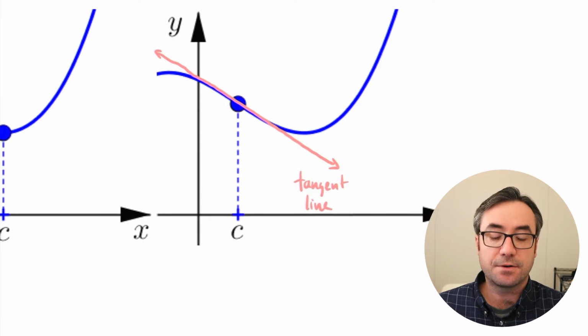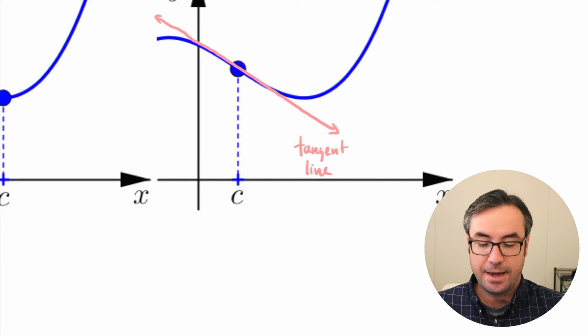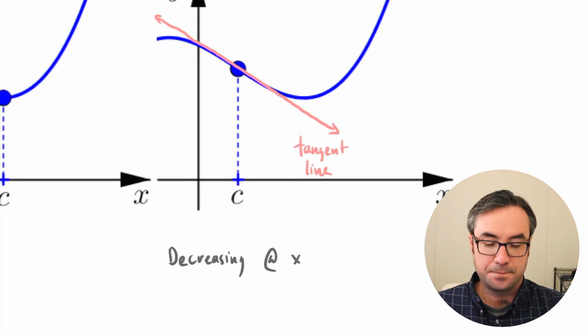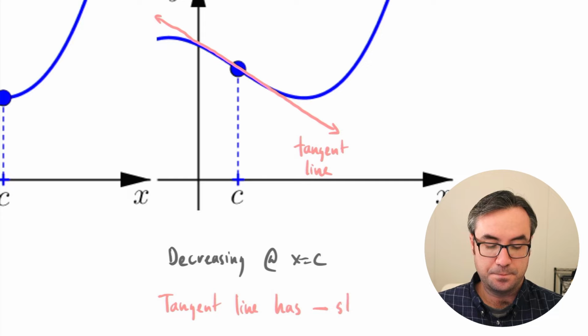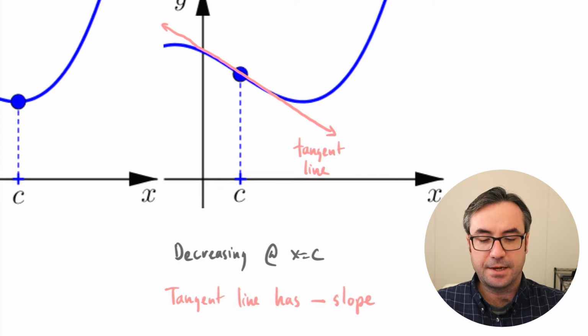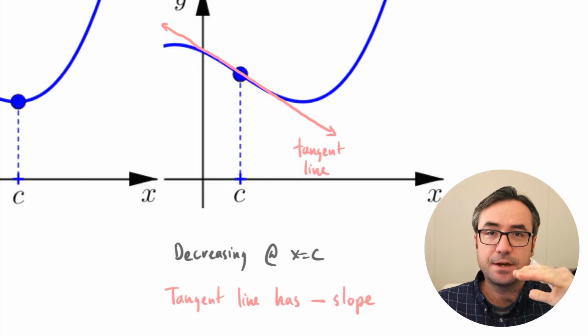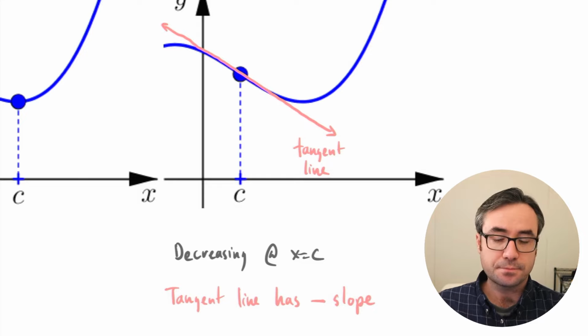So our function is decreasing at x equals c here, and our tangent line has a negative slope. We can tell it's negative because as we go from left to right, it's decreasing in height.